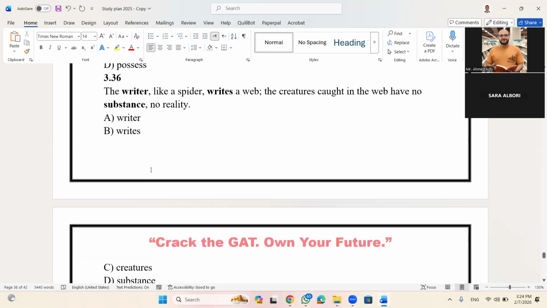Good job. A writer, an author, is like a spider. He writes a web. A spider writes a web. The creatures caught in the web have no substance, no reality.